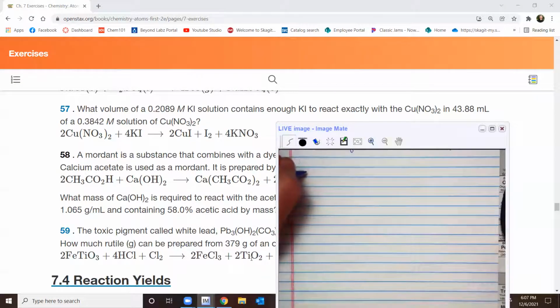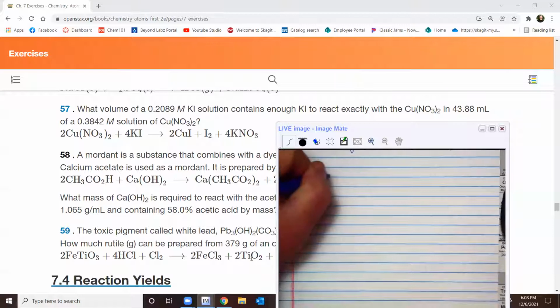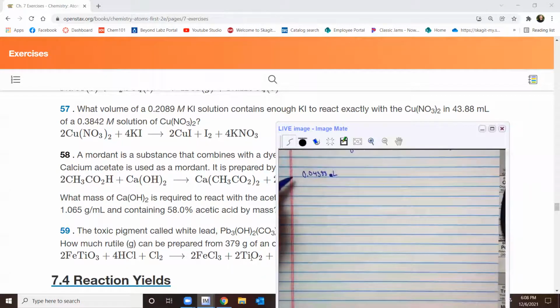So 43.88 milliliters of solution. I'm going to go ahead and do the conversion to liters in my head. So I have 0.04388 liters of my copper 2 nitrate solution.